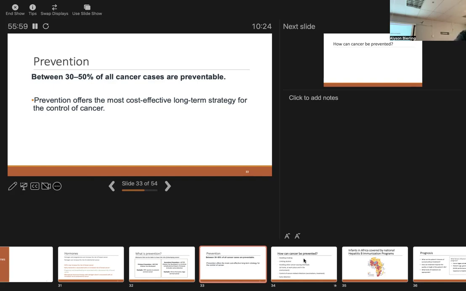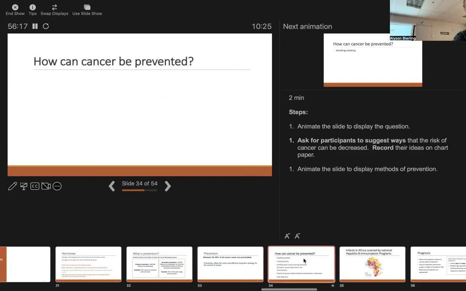And we're never going to eliminate all cancers because only 30 to 50% of cancers are preventable. But that is a significant proportion of cancers, so we need to do what we can to prevent that 30 to 50% from occurring.